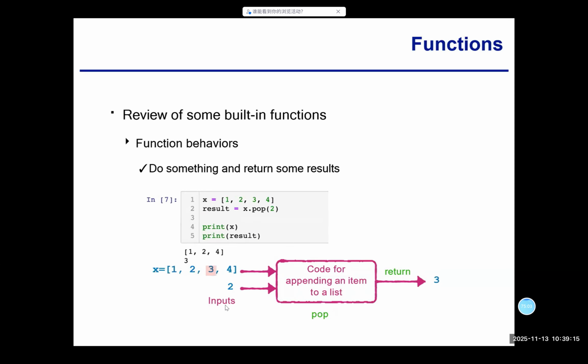Similarly, if we have a function that has an output value, like pop, where the return value is the element that we take out, then the assignment will make a difference. If we assign this pop output to a new variable called result, then result has the value 3, which is the element we popped out.